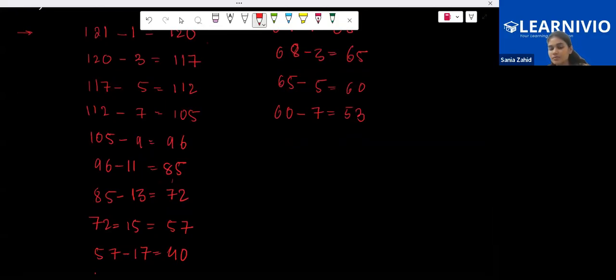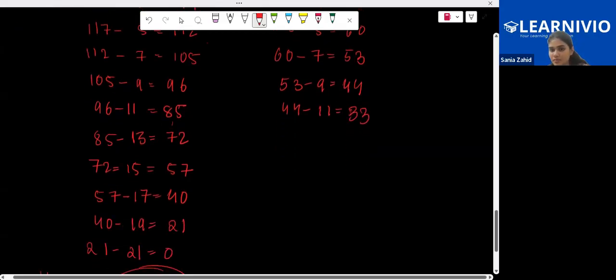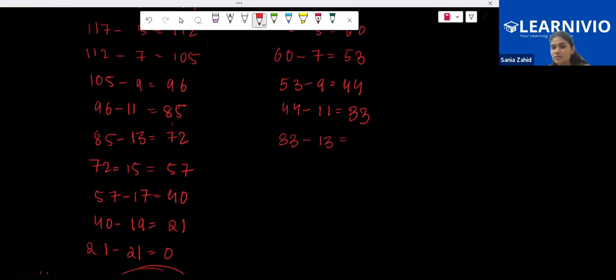Then 53 minus 9 gives 44. Then 44 minus 11 gives 33. And 33 minus 13 gives 20. 20 minus 15 gives 5. 5 minus 17 is negative 12.